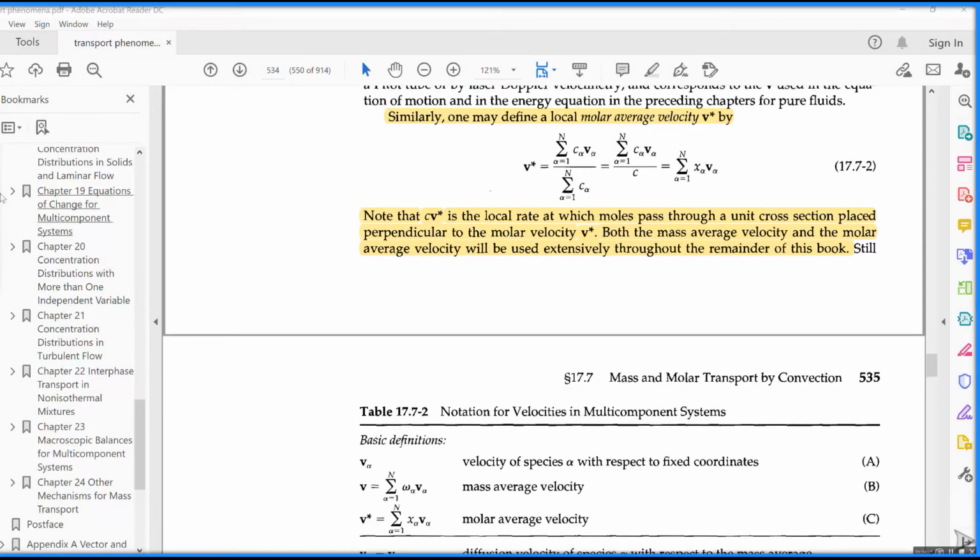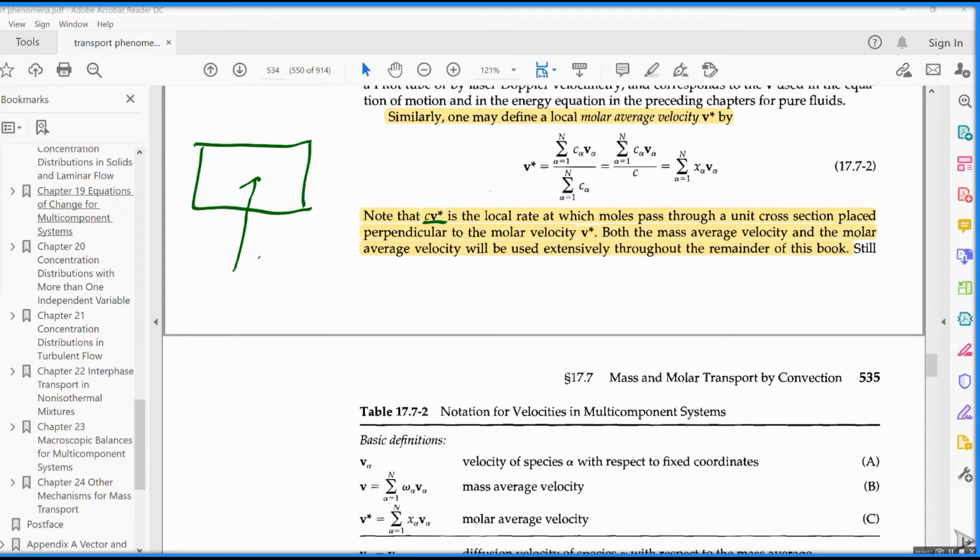Similarly, C V star is going to be the local rate of moles, let's think about any plane. The species flowing is perpendicular to this plane.